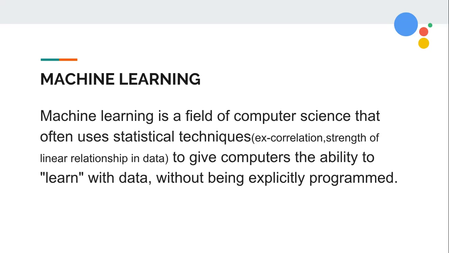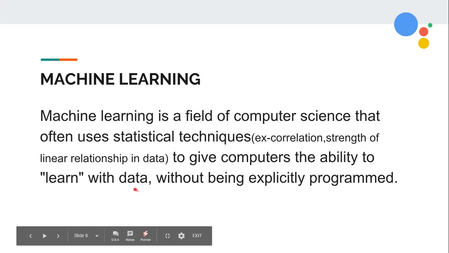It uses statistical techniques like correlation, finding the strength of linear relationship in our data, etc. By using these techniques, we can give our computers the ability to learn by themselves on the basis of data. So data is very much important.